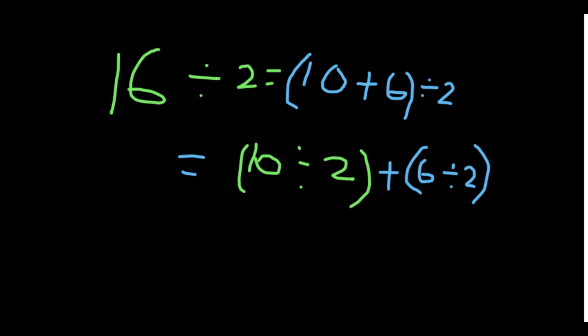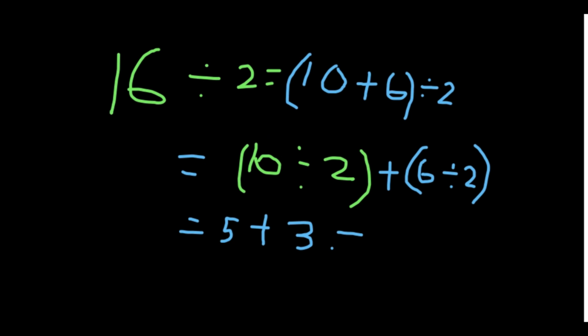Then we have our answer: 2 in 10 will give us how many places? Which is 5, plus 2 in 6, we get 3.